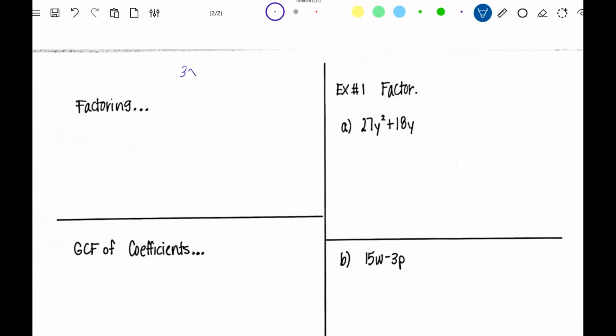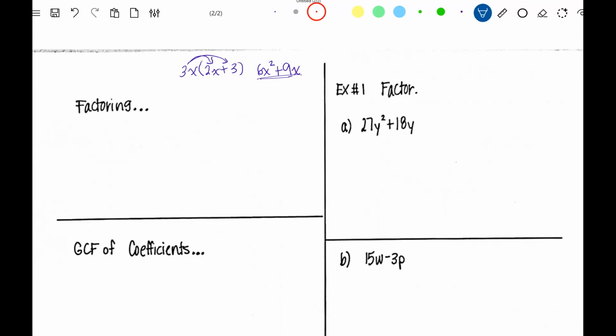Okay, so I'm going to show you. We did something like this last week, where we distributed by multiplication. So factoring is going to take this product and rewrite it as a multiplication.